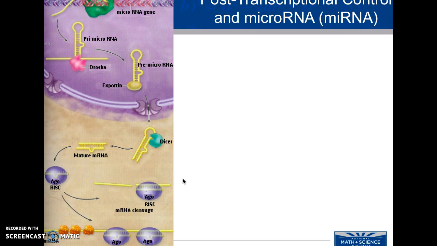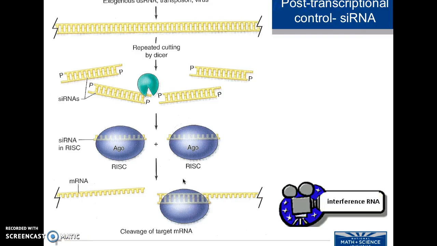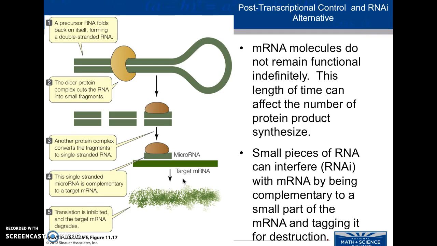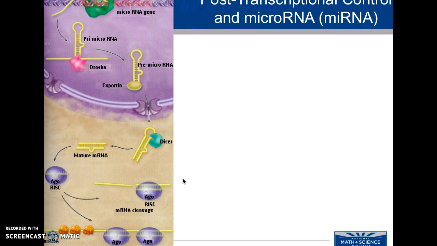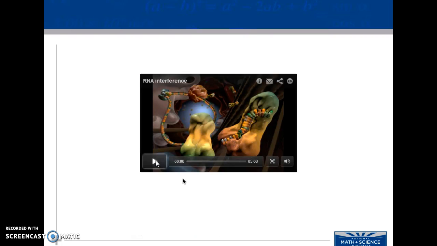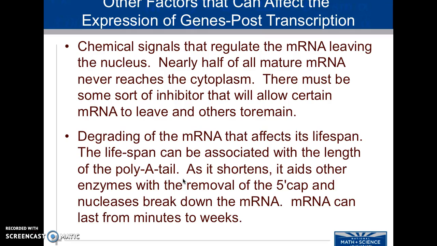Another control post-transcription is microRNA. Another post-transcription control is siRNA, and these are not super important for the AP test. Feel free to look them up if you want to, but don't focus on them too much.